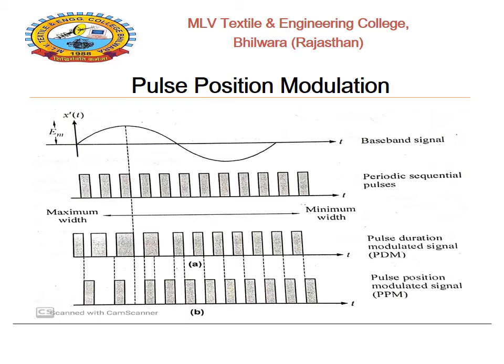When both are combined, they generate the PDM, or pulse duration modulated signal, also known as pulse width modulation, where the width of the pulses is changed according to the amplitude of the modulating signal. When the amplitude of the modulating signal is higher, the width of the pulses is greater. When the amplitude of the modulating signal is lower, that is in the negative direction, the width of the pulses will decrease.